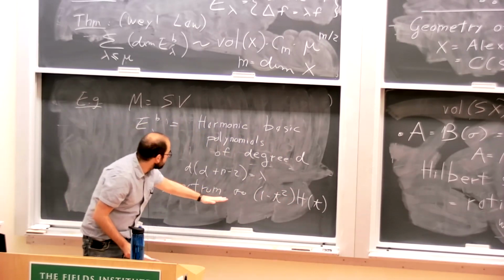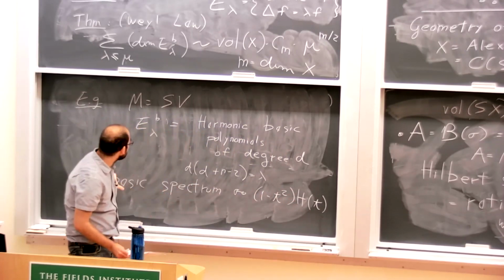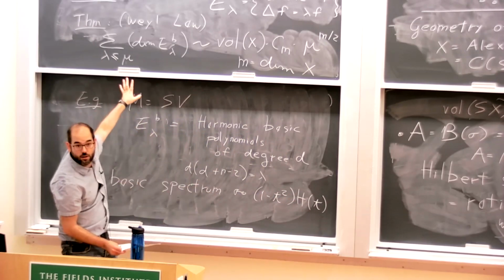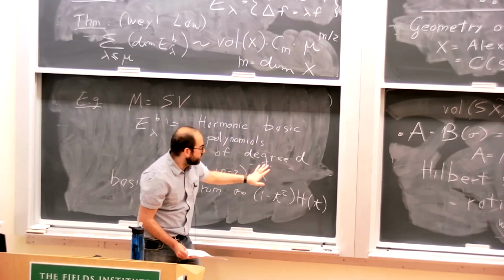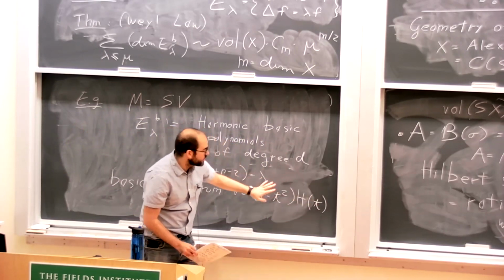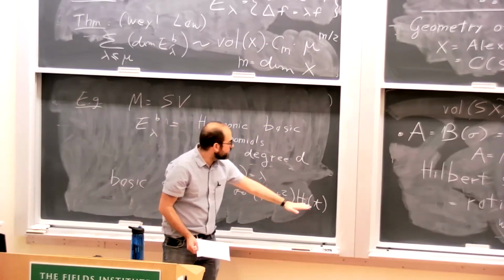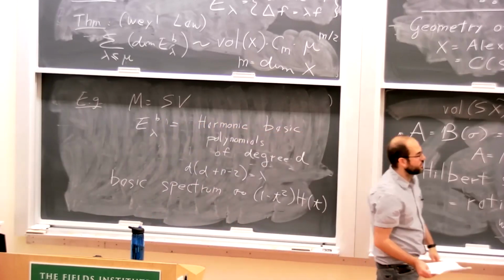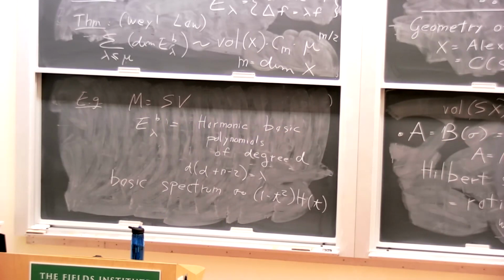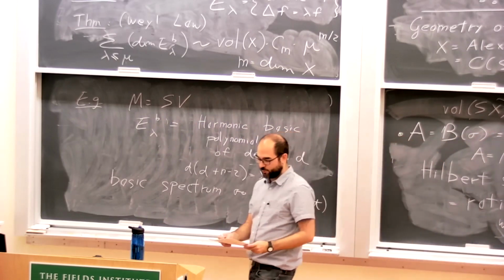So this contains the same information. When you see the growth from the Weyl law, it tells you the growth of the coefficients, and it's not hard to see from formal power series that the growth of coefficients of a power series like this is encoded in the first coefficient of the Laurent series at 1. All right, that's all I had.